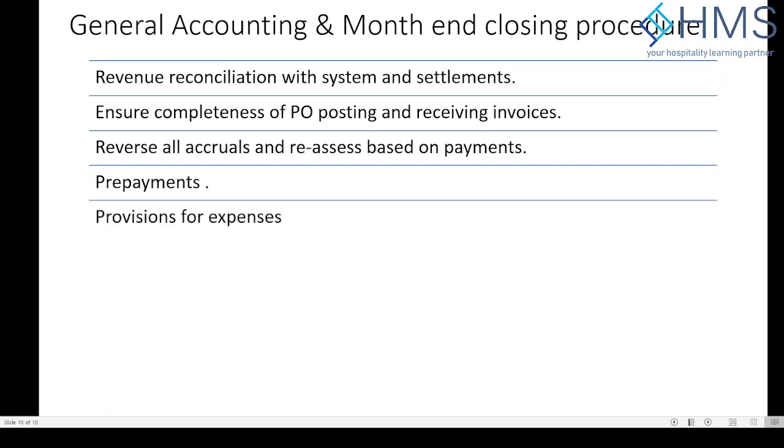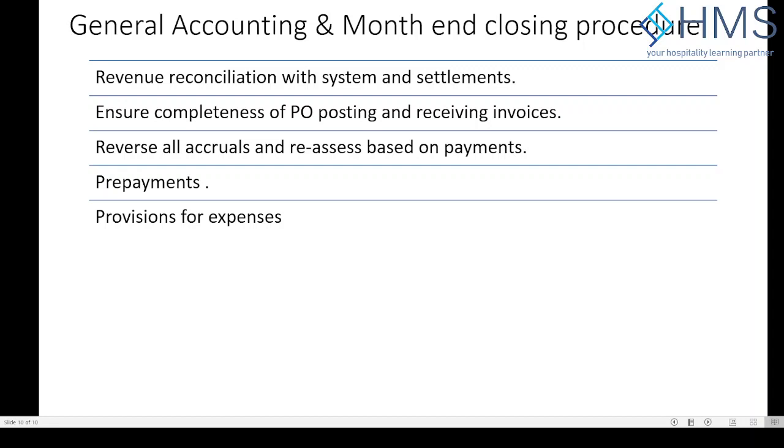After you have done this, you will do the provision for other expenses. If there is any other expense for AMCs, for the insurance, for the gratuities, for the bonus, all those kinds of things which you know you are not going to pay yet, usually you can do the expense provision.